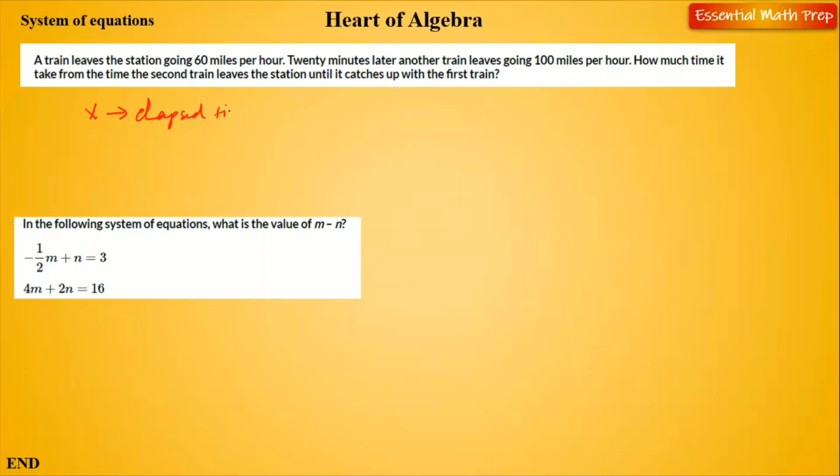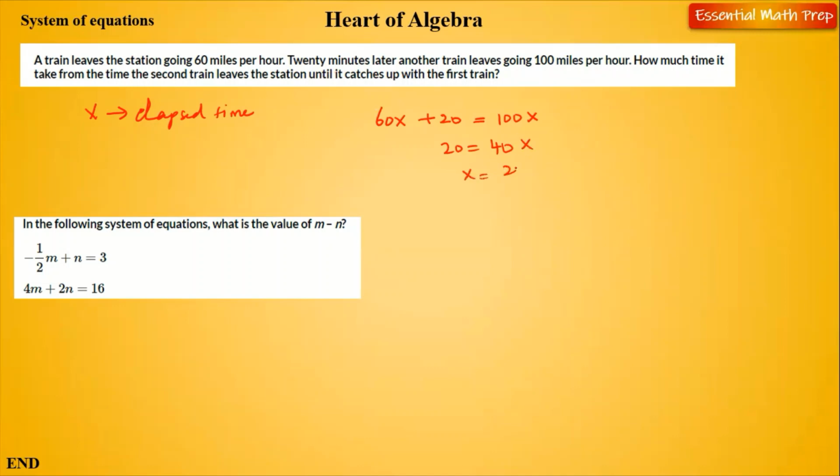That means train one is going 60 miles per hour, okay? 60x plus this 20 minutes, right? Travel time of 20 minutes later, right? So 20 equals 100x, right? So what is that going to be? 20 equals 40x, right?